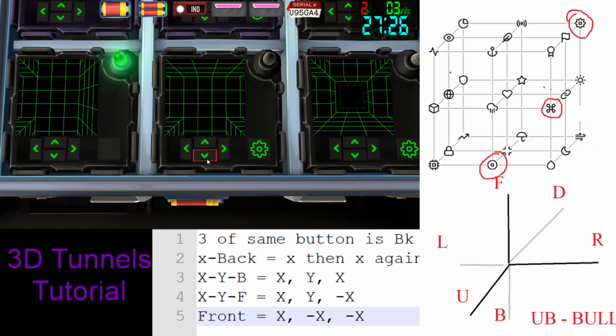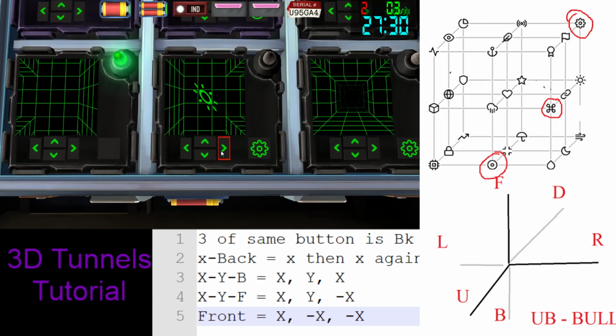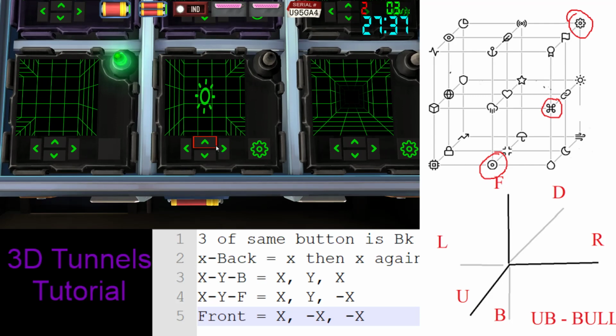So down, I think I double clicked, I did. Down, right, and then I need to go front, which means I need to go in opposite. So I started with down, so I'll finish with up. 3 ups, 3 rights, 3 downs to undo. And now I need star, which is just down.